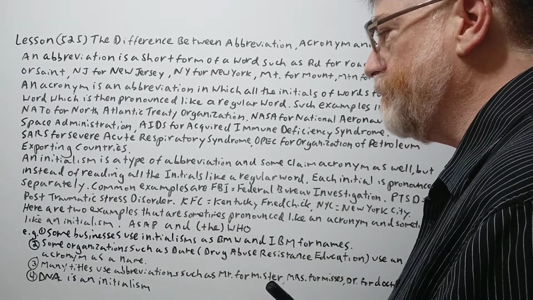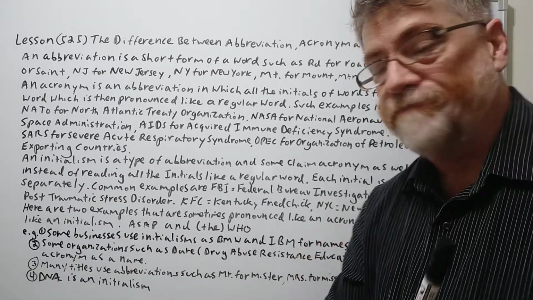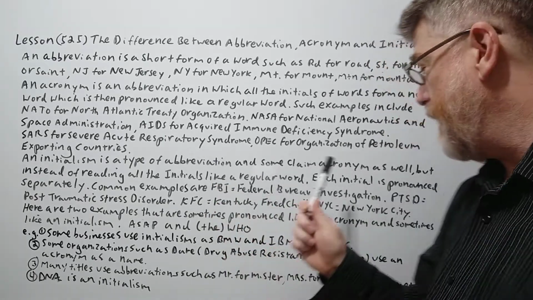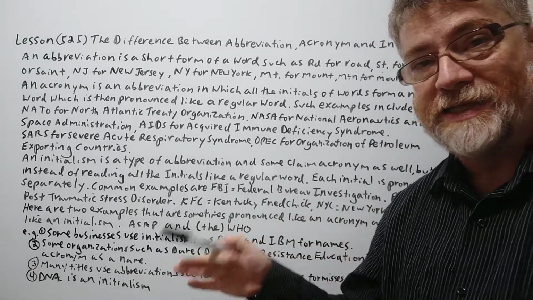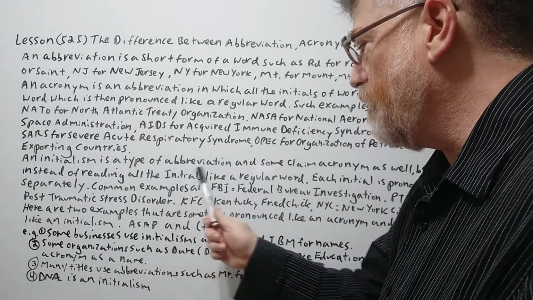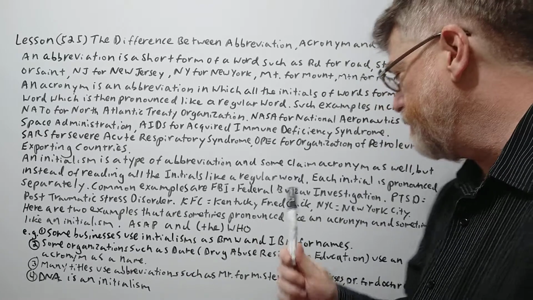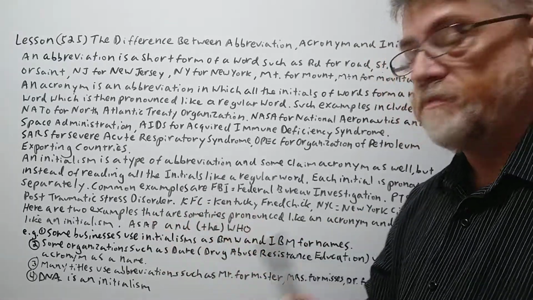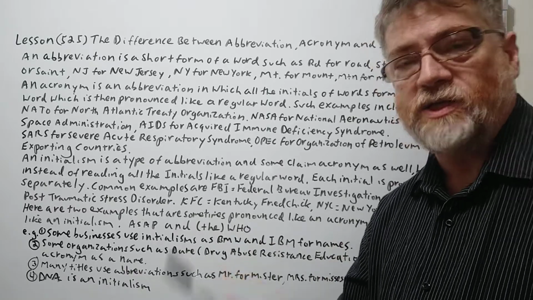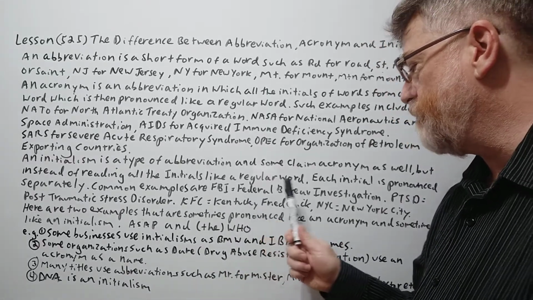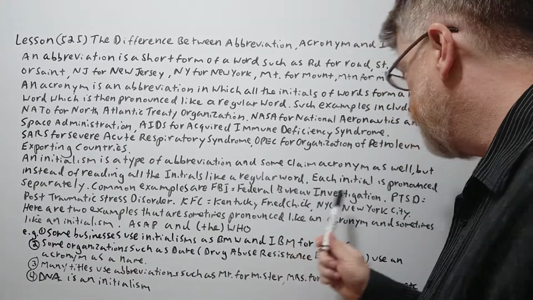All right, now an initialism. An initialism is a type of abbreviation, and some claim an acronym. So some say that technically this is an acronym as well. But instead of reading all the initials like a regular word, each initial is pronounced separately. Some common examples are FBI, of course, standing for Federal Bureau of Investigation.